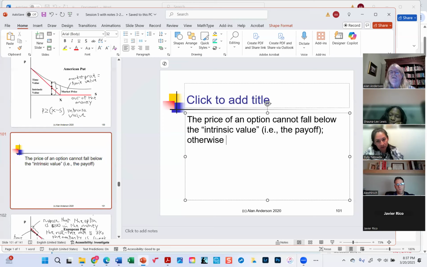Otherwise, there would be an arbitrage opportunity. Just as a quick example, I'll do this in the next slide.